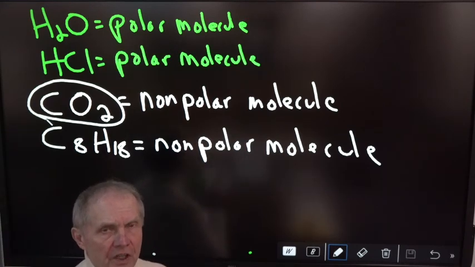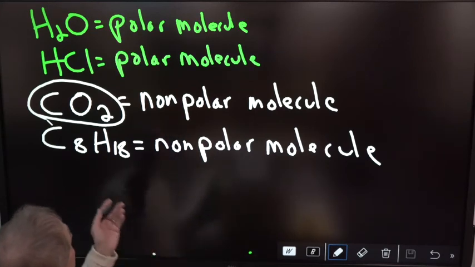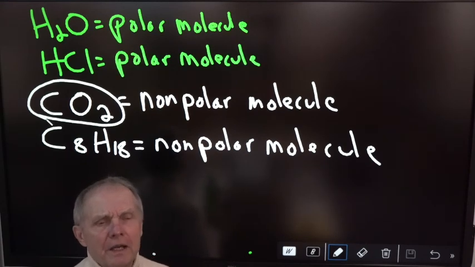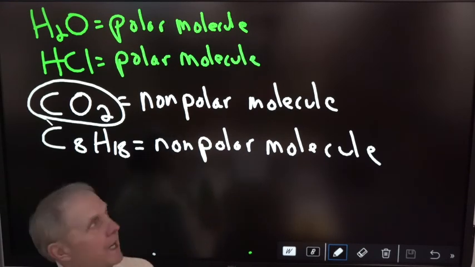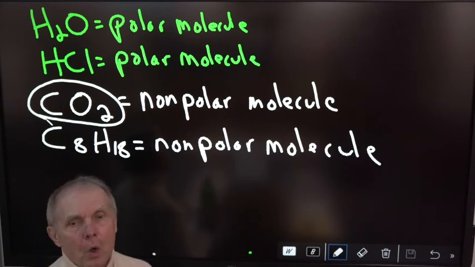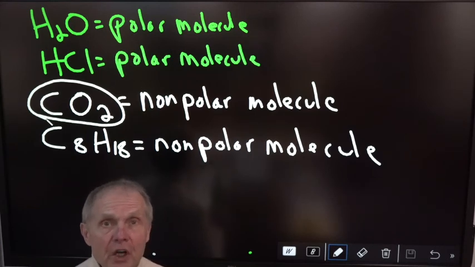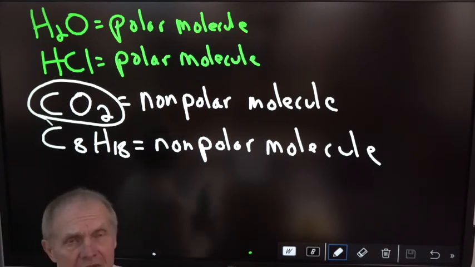So, the deal, likes dissolve likes. If you are some type of petroleum product like propane or butane or octane or petroleum jelly, they're all alike, they're all symmetrical. They dissolve each other. But think about this.